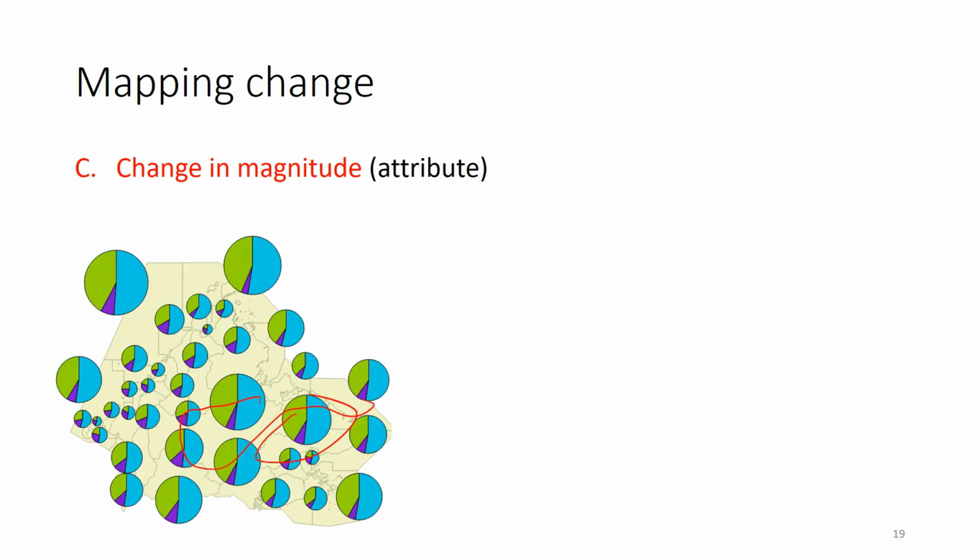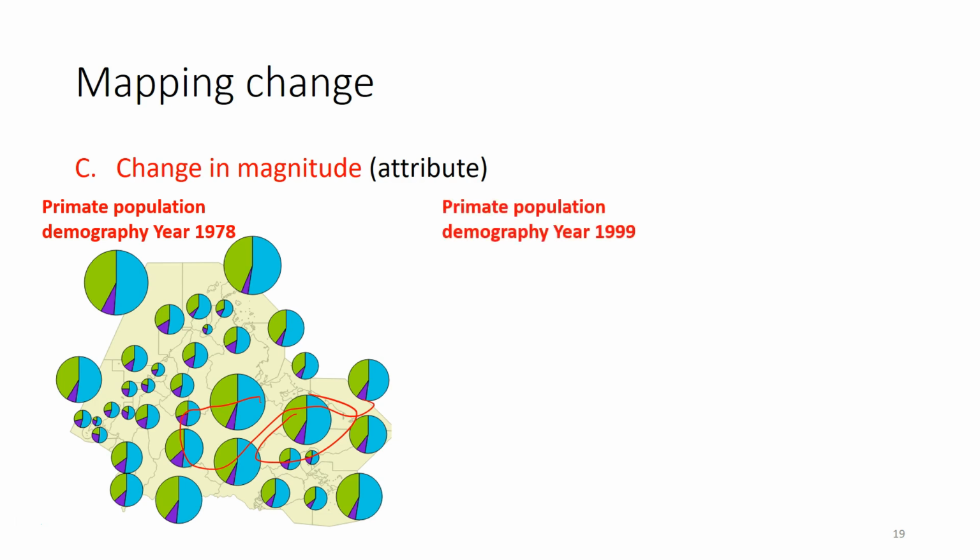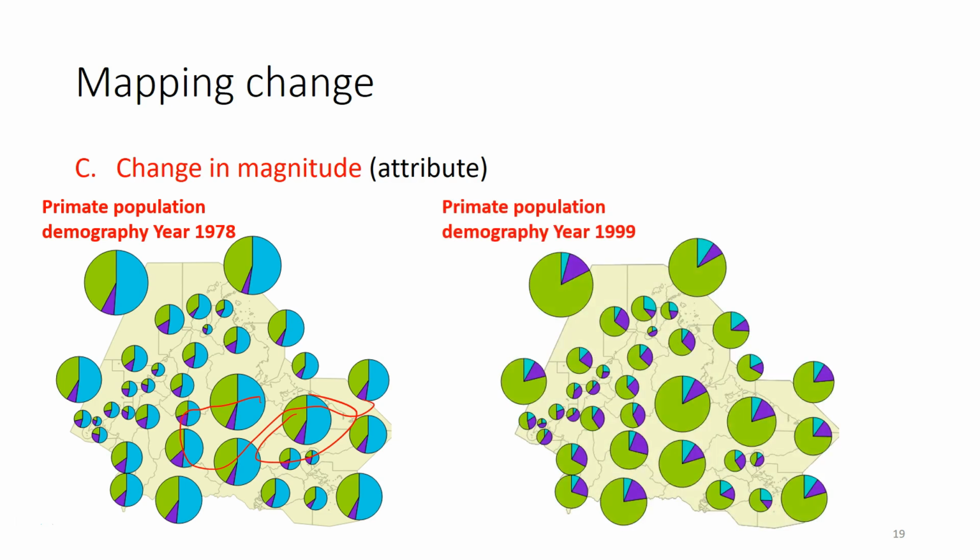I create a pie chart for each of the polygons, the size showing the total number, and the proportion of each of the 3 primates is represented inside the pie chart. So this is 1978, this is 1999. You can see the changes so obviously, right?